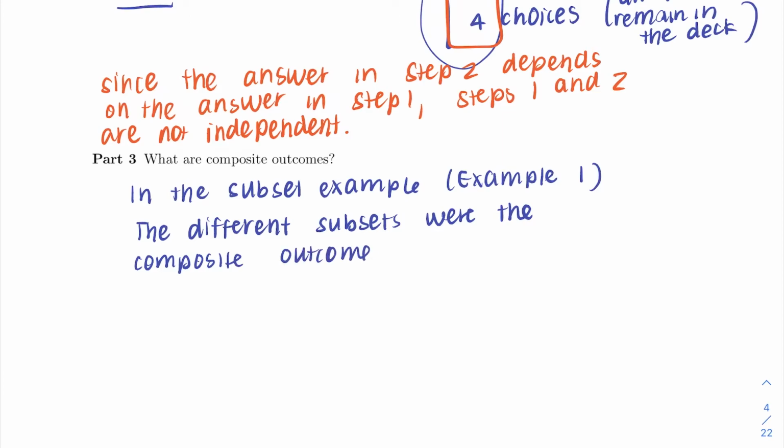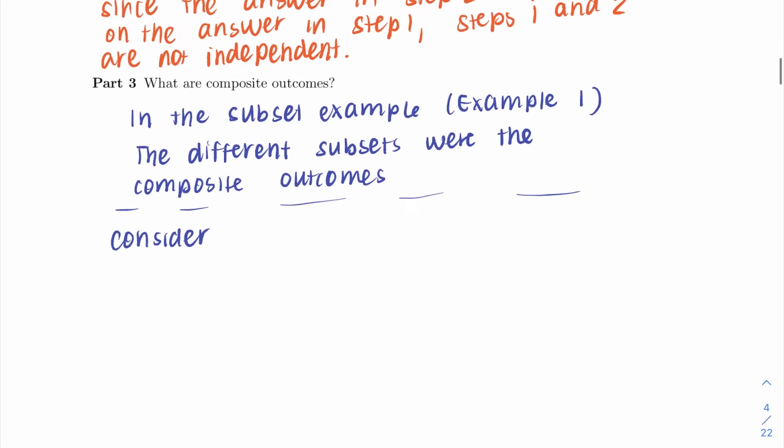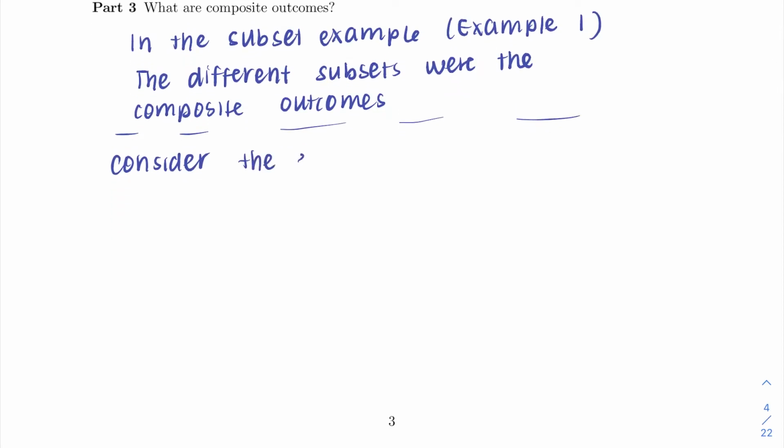They're basically the end results that we get when we finish counting. Now, I'm going to say, consider the example above.